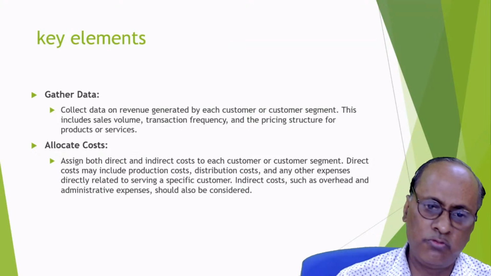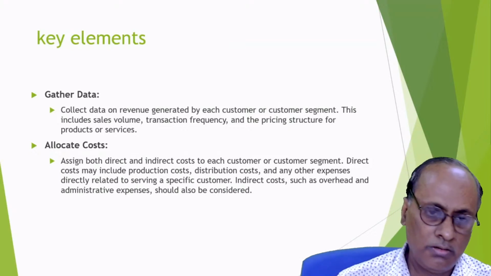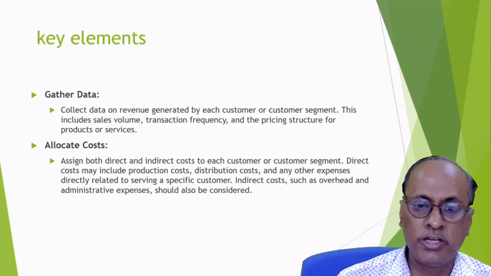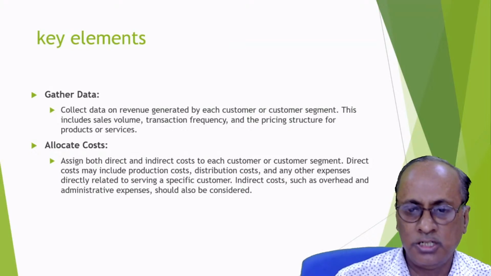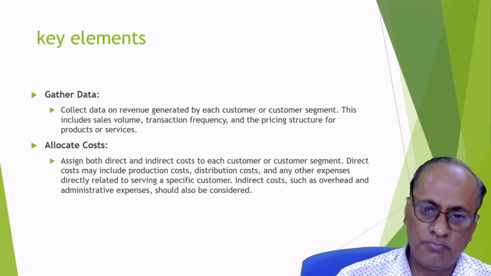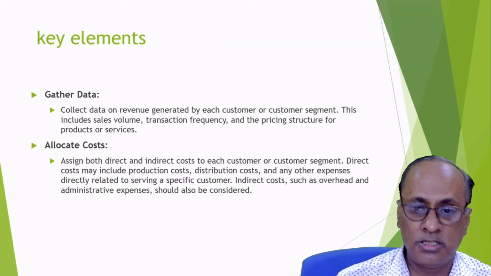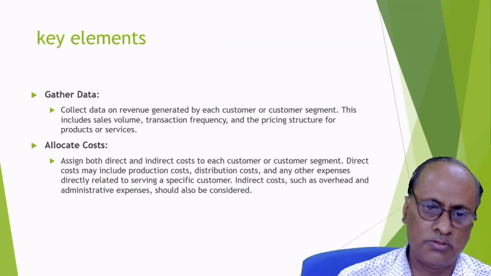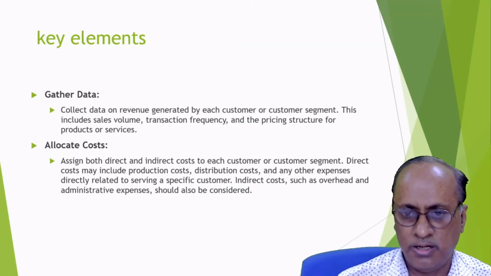Transaction frequency: how frequently they purchase from you, every month, weekly, bi-monthly, six months, or in a year. Pricing: are they purchasing costly products or services, or low-volume products and services from you? Then assign both direct and indirect cost to each customer or customer segment.